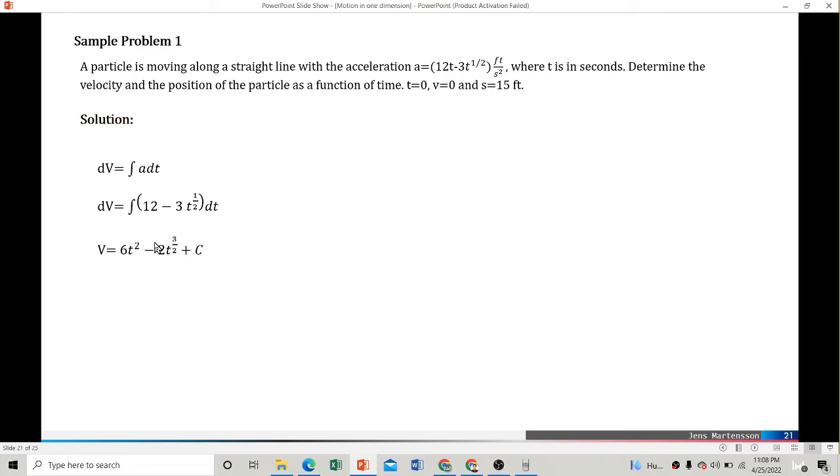So unsa ang nahimo na siya 6t squared? I think this one here is 12t dayon, no? 12t. So nasayop lang. So mahimo siya og 12t squared over 2.